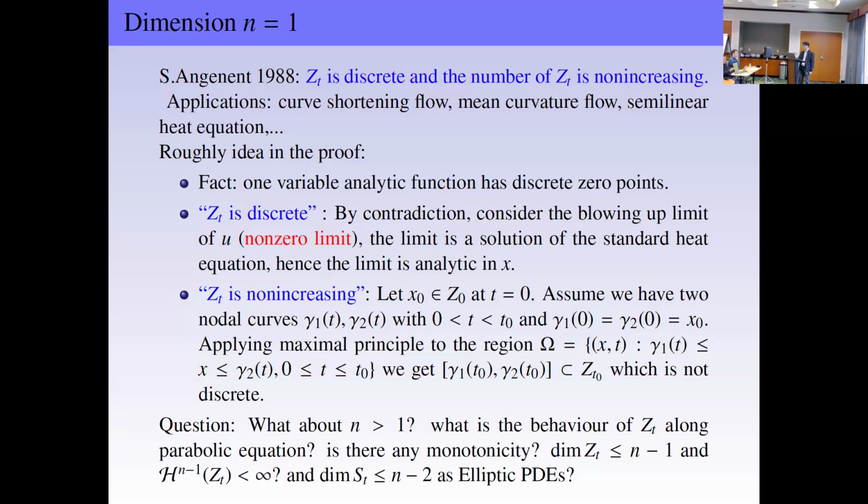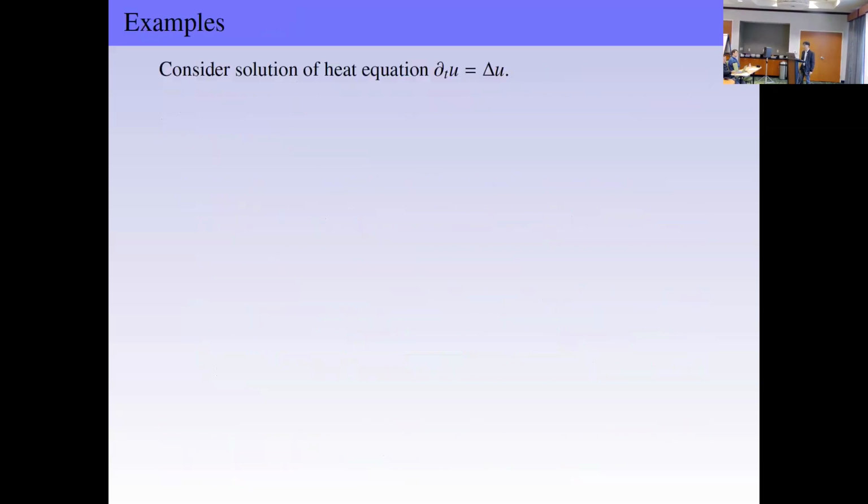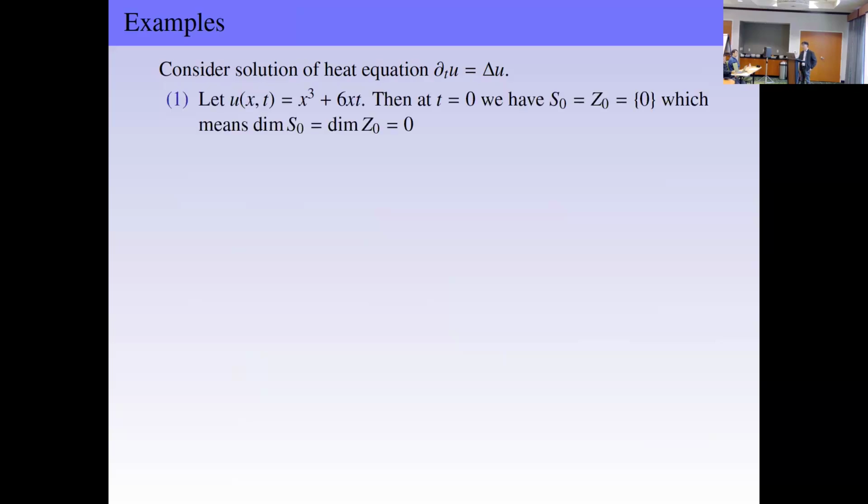Let us look at two examples for the standard heat equation. The first one is the one-dimensional case. Just look at the polynomial; this polynomial satisfies the heat equation. At time t equal to 0, and time t not equal to 0, we see that the nodal set and the singular set are the same, just one point. So the dimensions are the same.